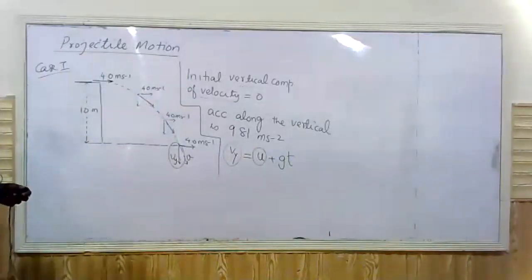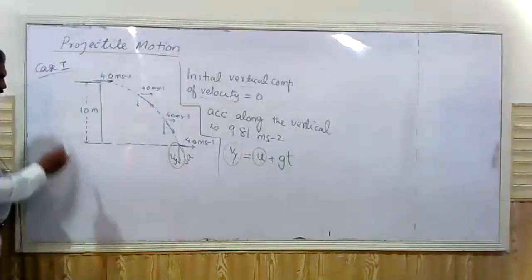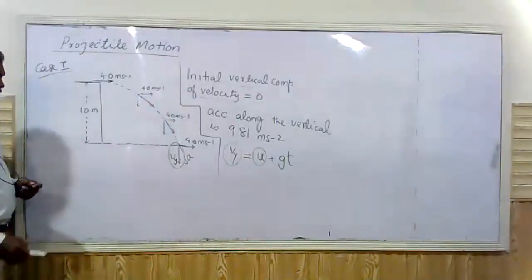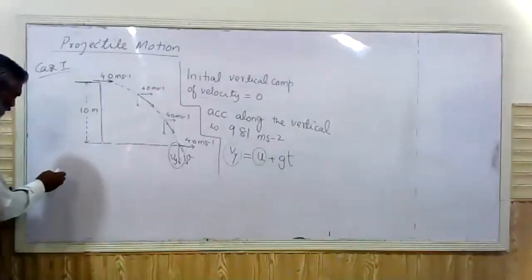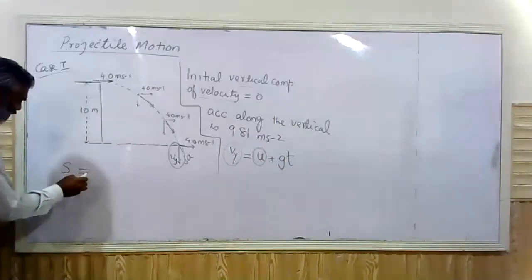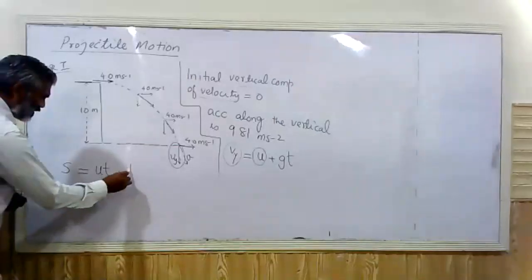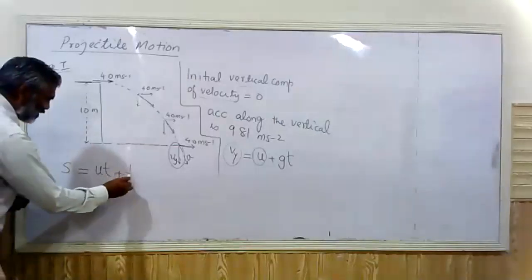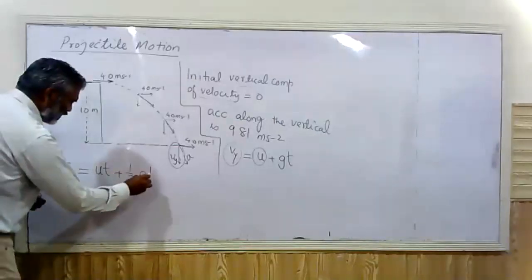In order to calculate the time it has taken, I go back and have this equation. S is equal to ut plus half gt square.